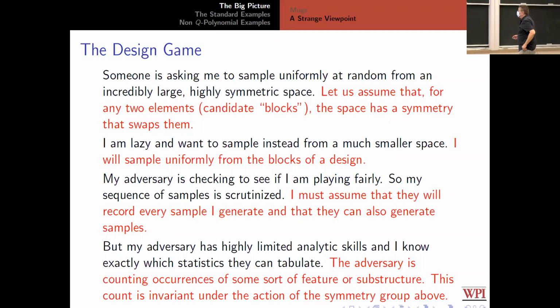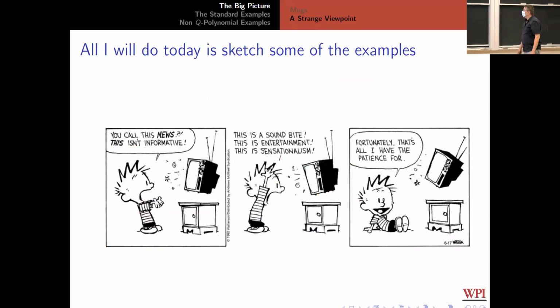So the adversary has limited skills and wants to check these samples, counting occurrences of some feature such as intersections with a fixed t-set. Okay, so today, all I'm going to do is give you just that much overview. That's basically as much of the t-designs as I'm going to give you, except for one example.